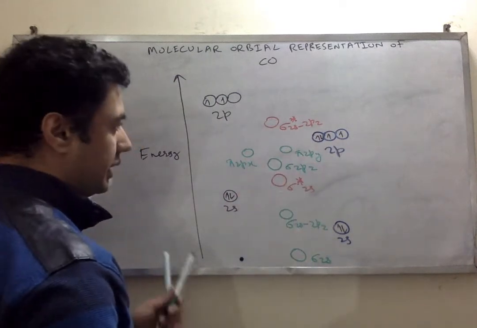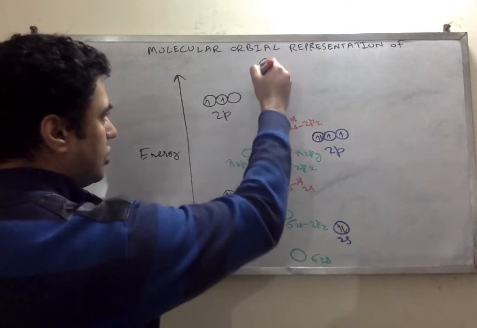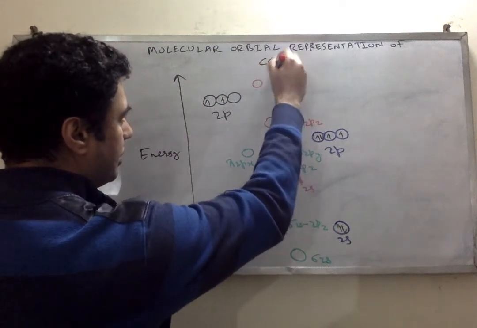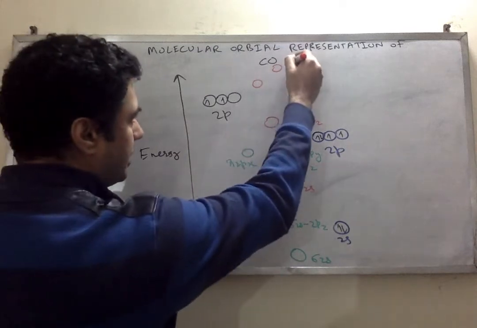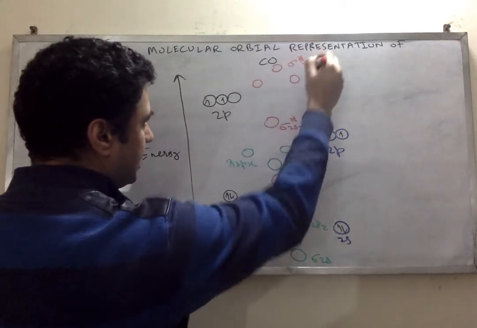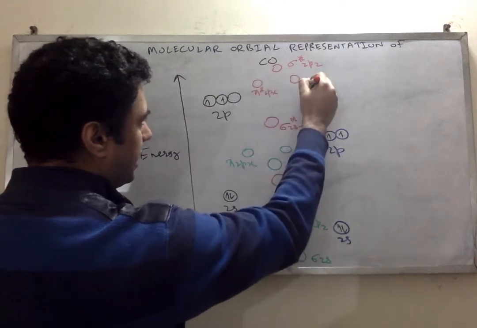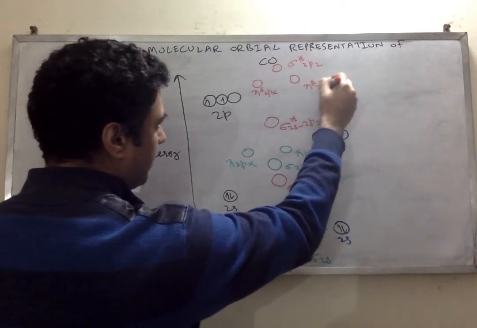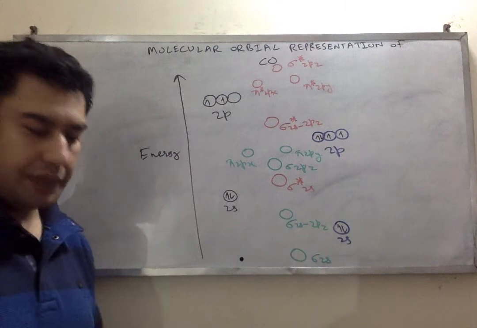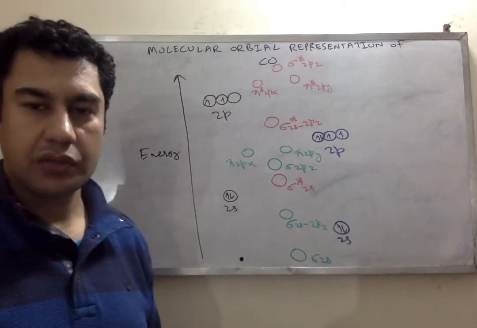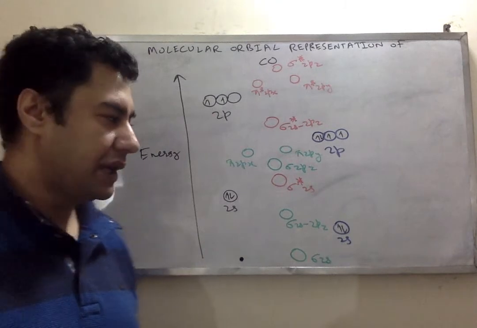The anti-bonding orbitals we can show over here, and these will be sigma star 2pz, pi star 2px, and pi star 2py. So this completes the entire set of molecular orbitals, which I am going to quickly summarize.